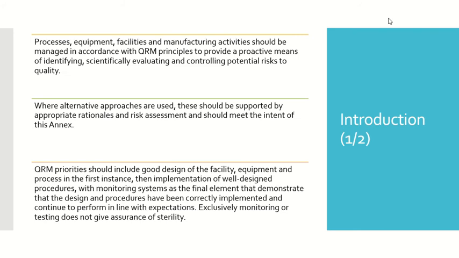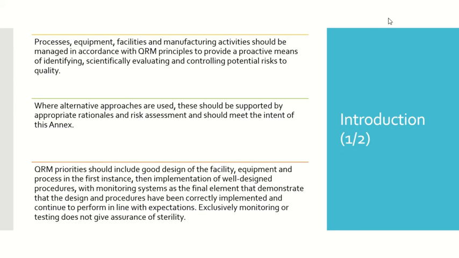So let's start from the introduction. Process, equipment, facility, and manufacturing activities should be managed according to QRM principles, to provide a proactive means to identify, scientifically evaluate and control potential risks to quality. So it's very important. You should look into all aspects of your product manufacturing process, equipment, and facility, whichever can have an impact on the product sterility.